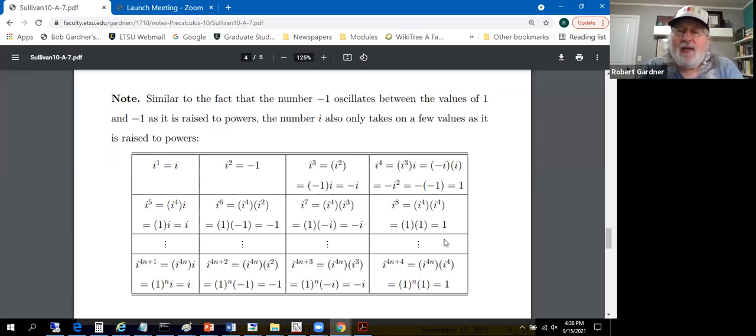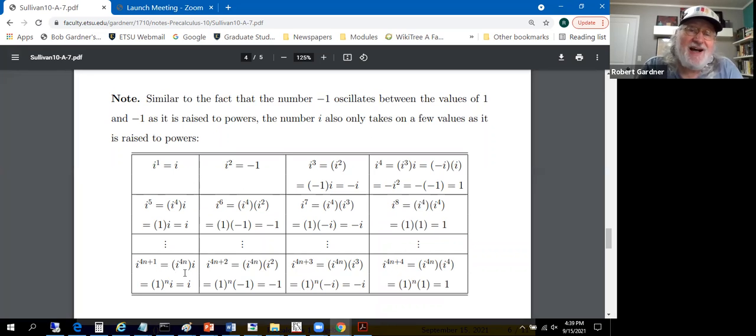If we were to raise, here's the easiest one to see, if we were to raise i to some multiple of 4 power, well, i to the 4th is 1, you get a bunch of powers of 1, and you get 1 out. You raise it to, I want to view this over here, is 1 larger than a multiple of 4. Well, those multiples of 4 will produce 1, and then you'll have an i left over.